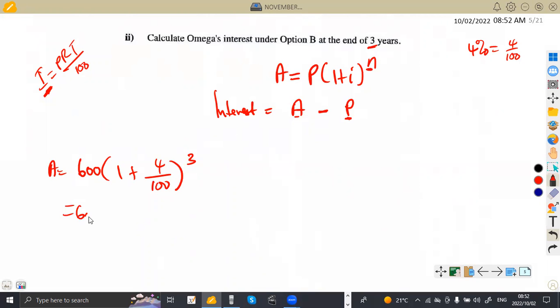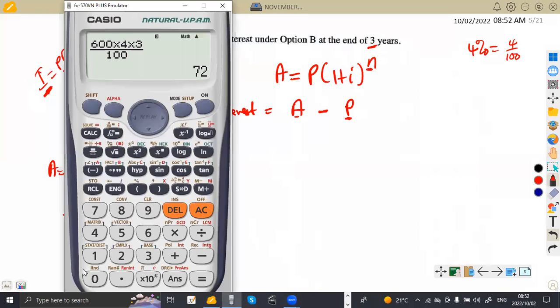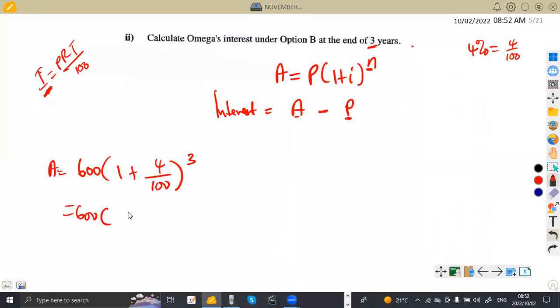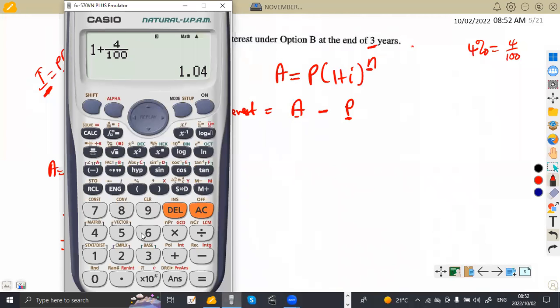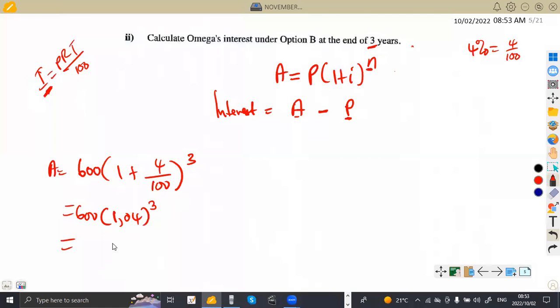From this part, we have 600 into 1 plus 4 over 100, which gives us 1.04, so 1.04 to the power of 3. So 600 times 1.04 to the power of 3. We obtain 674.92 to 2 decimal places, because we are talking about money here. So it's $674.92.